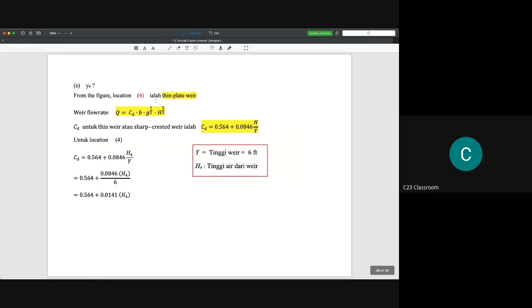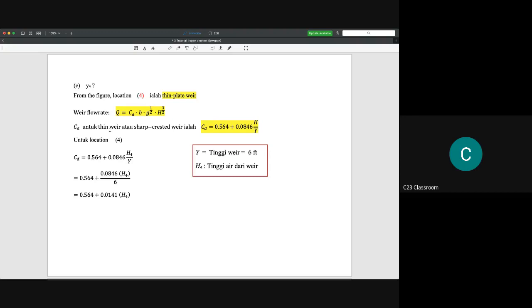And then we need to determine what kind of weir. Because we have a thin plate weir, please refer to the extra notes that I gave on the website about thin plate weirs. So the flow rate for the thin plate weir is CD, the discharge coefficient, times B, the width, and the gravity and the height of the weir.